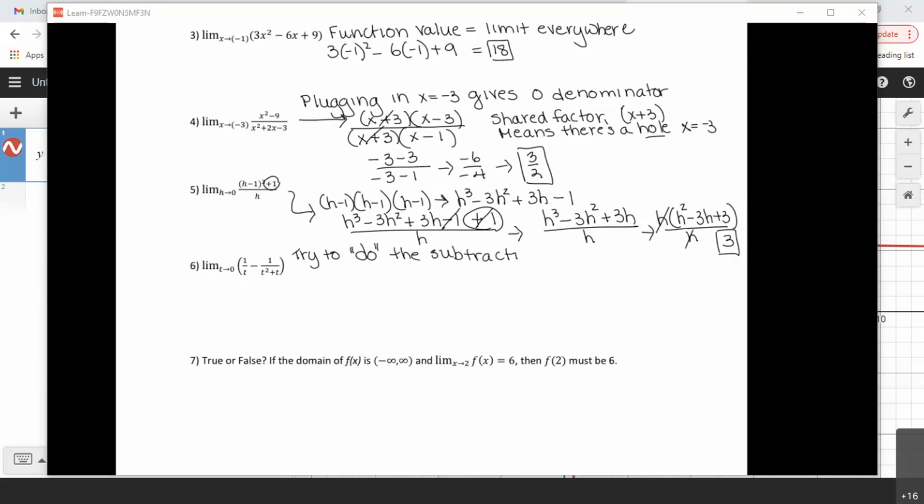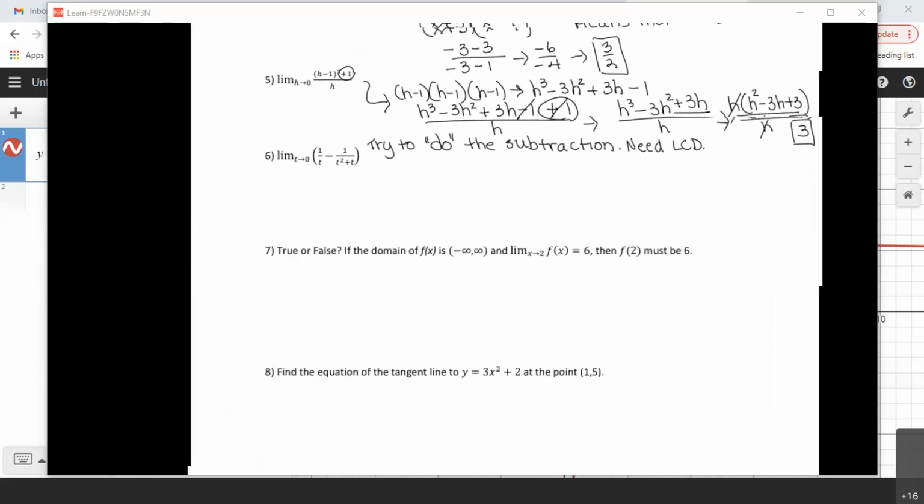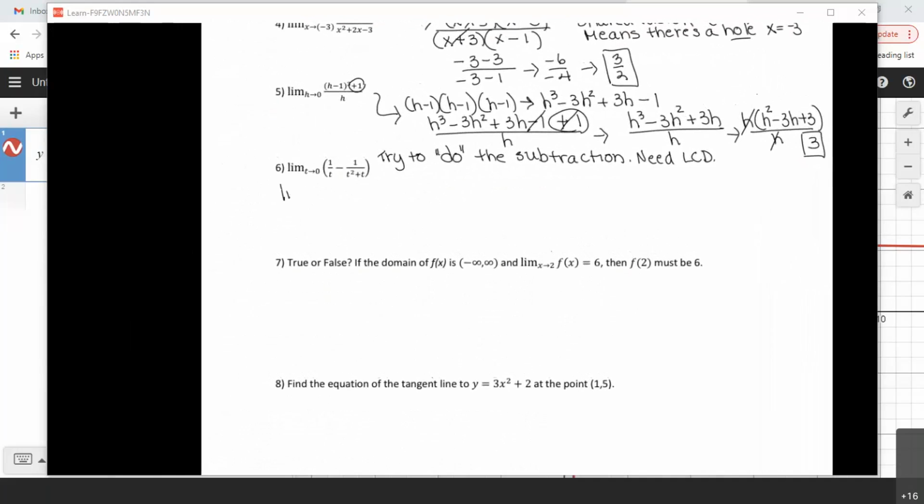Okay, try to do the subtraction. And what that requires is a common denominator, a least common denominator. Now let's take a look at these. I'm going to rewrite this under here. The limit as t approaches 0 of 1 over t is real simple. I can't simplify this. But let's factor this denominator, t times t plus 1.